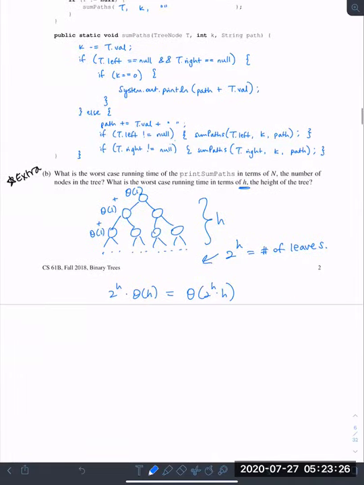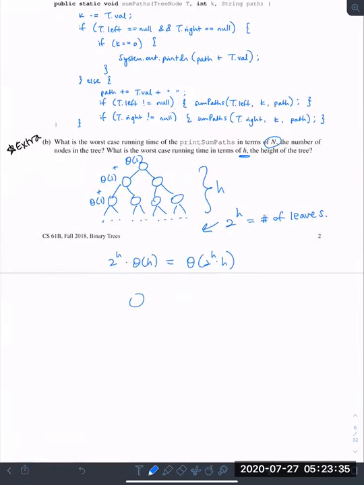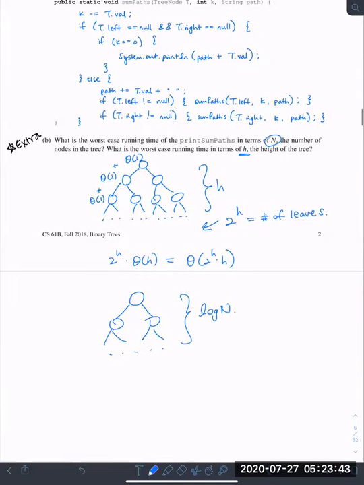Now you might be wondering, why were we not able to do this balanced, complete binary tree for the case of n? Why couldn't we have something that looked like this, where the height is going to be log n? Well, let's actually calculate this.